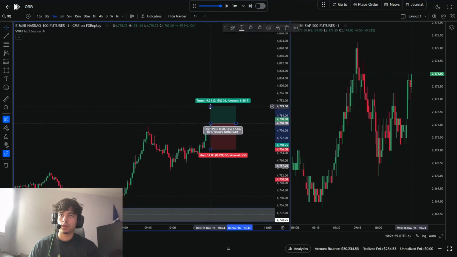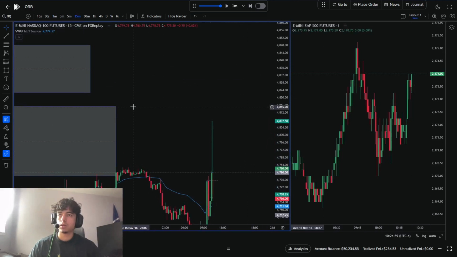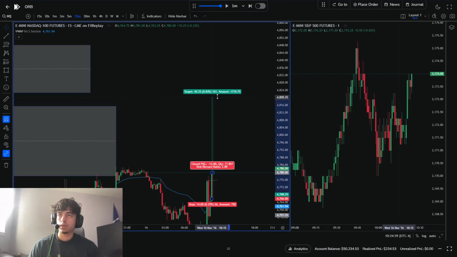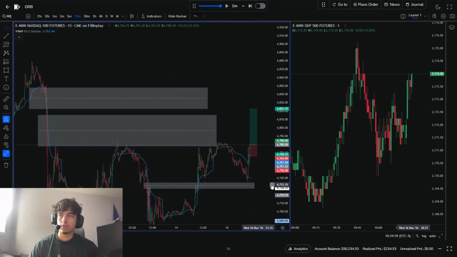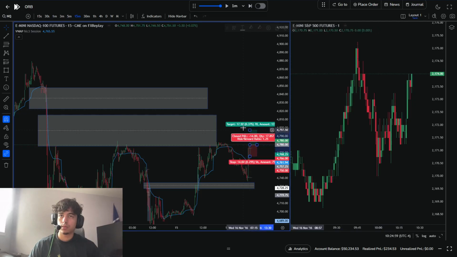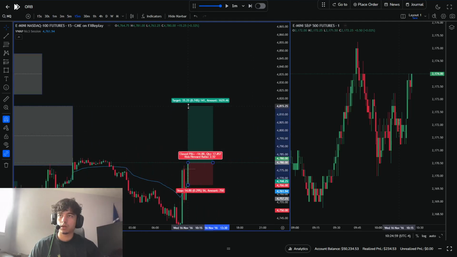I'll go for a 1 to 2. Doesn't match up with any lines of liquidity. Even target this unfilled 4-hour all the way up here. What about this equilibrium? 1 to 1.5. I'll take partials there. I'll take full TP at this unfilled 4-hour.